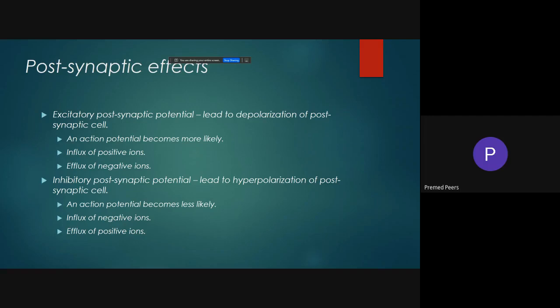Now, inhibitory is the opposite. Somehow we've hyperpolarized the postsynaptic cell. We've made it more negative, which means that if something else tries to come in and depolarize the cell, there's now more of a hurdle to overcome, and it's going to be harder to make another action potential.